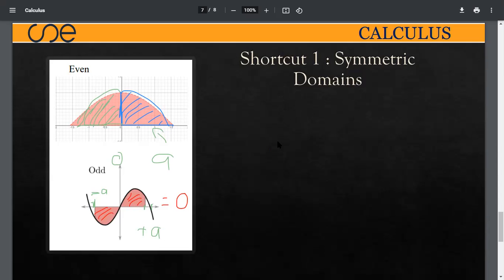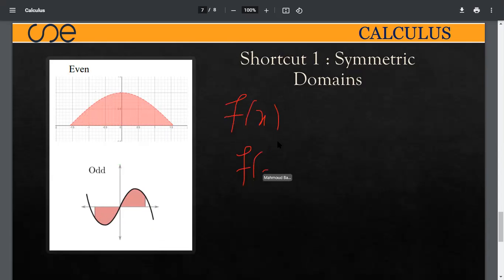How do I find out that these functions are symmetric if I don't want to draw them? Well, you need to know if the function is an even function or an odd function. A function f(x) is said to be odd if f(-x) = -f(x).